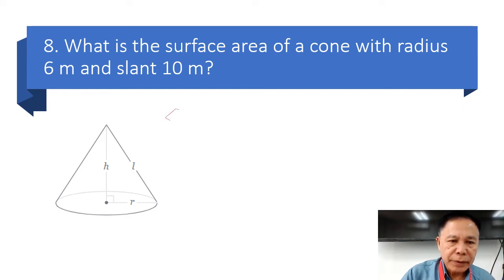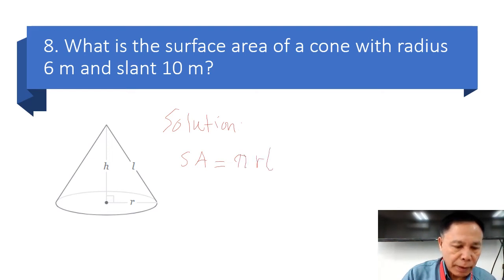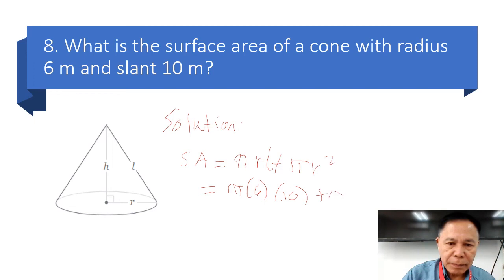So your solution for the surface area: surface area equals pi RL plus pi r squared, equivalent to pi times 6 times 10 plus pi times 6 squared.